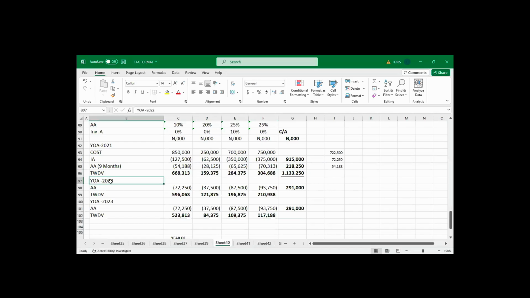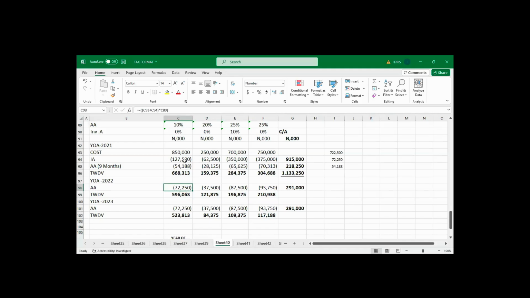Second year of assessment, 2022. What will be the annual allowance? Since you know that this one is 9 months and you want to claim 12-month annual allowance in the second year, what you need to say is 12/9 times 54,188, it will give you 72,250 for the annual allowance of 2022.